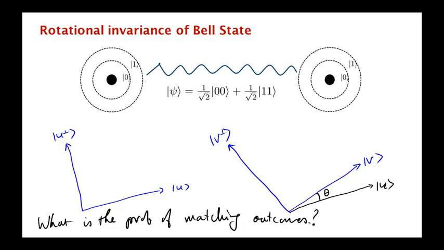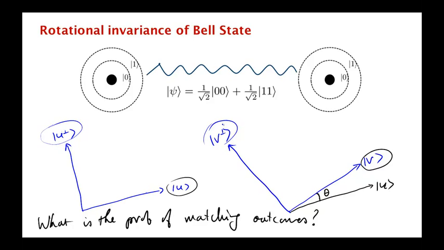Where we say that the outcomes are matching if we get this outcome on the first qubit and that outcome on the second qubit, or if we get this outcome on the first qubit and that one on the second qubit. Right? So we'll say u matches with v and u perp matches with v perp. So what's the chance that we'll get matching outcomes?